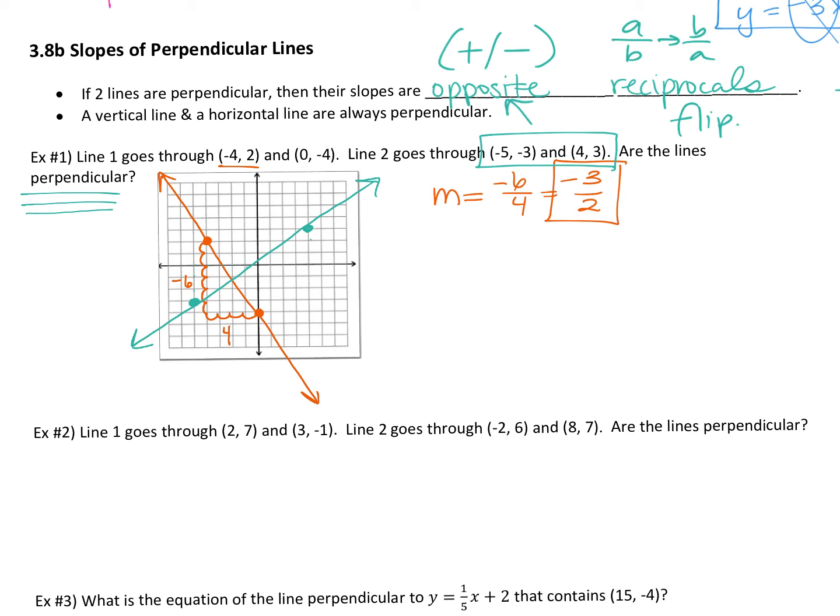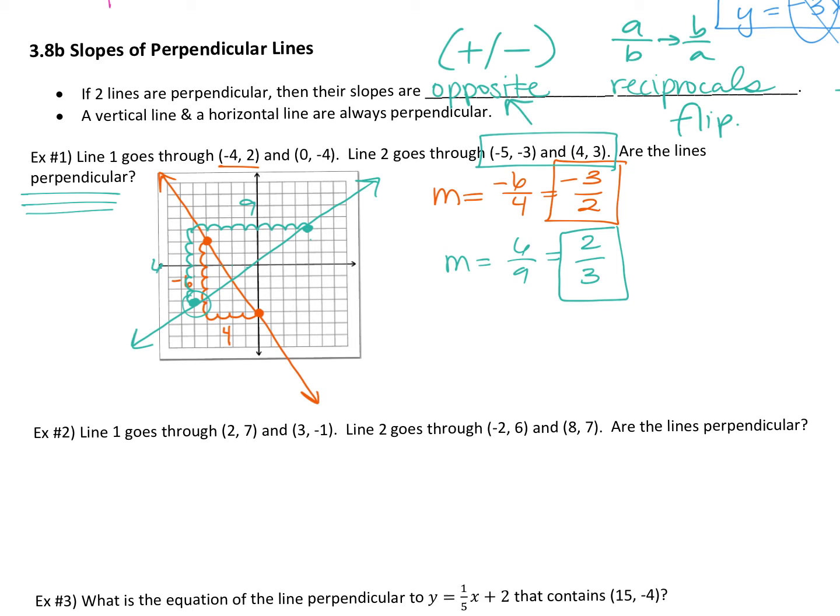Remember, when finding slope, you always go left to right. So if I start on the left point, I'm going to go 1, 2, 3, 4, 5, 6 up, and 1, 2, 3, 4, 5, 6, 7, 8, 9 to the right. So 6 over 9 is what? 2 over 3.